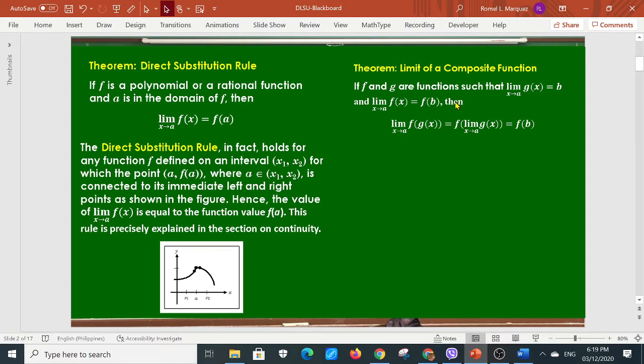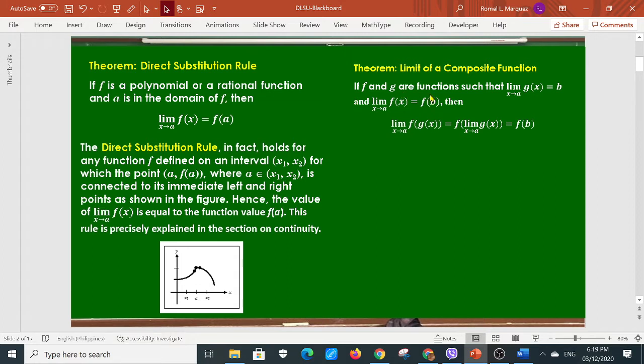Another theorem that is important, we have what we call limit of a composite function. Useful if you have, for instance, a radical or you have a transcendental function.